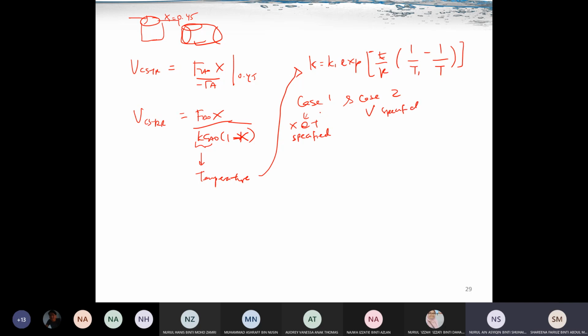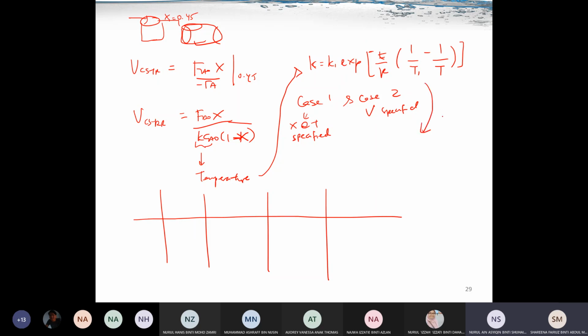So what you need to do is construct the table to get the V. If you look at this one, k will depend on T, and T also will depend, now this is adiabatic, meaning it depends on the X energy balance.